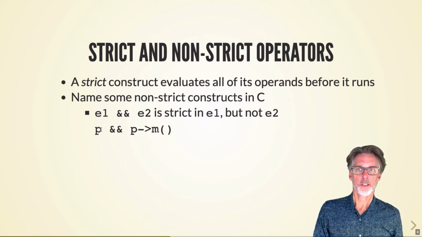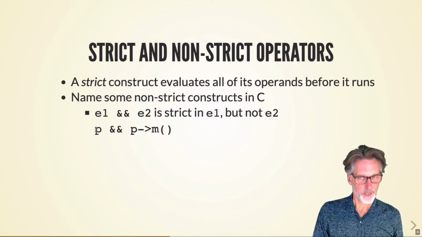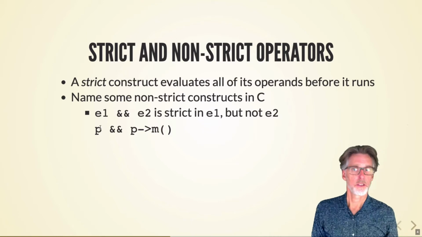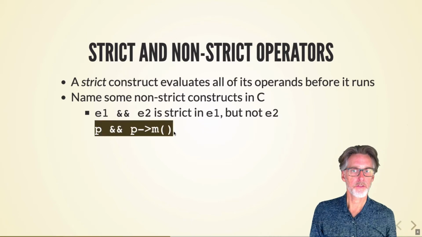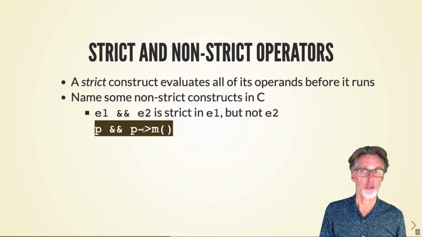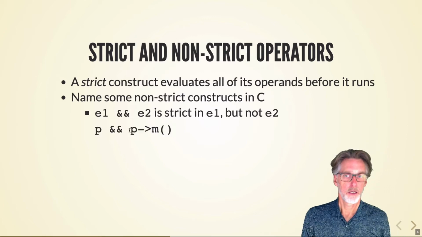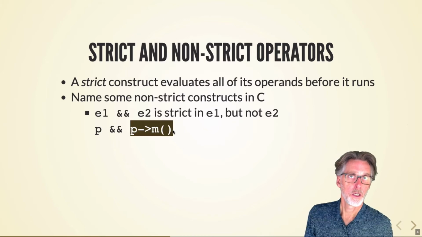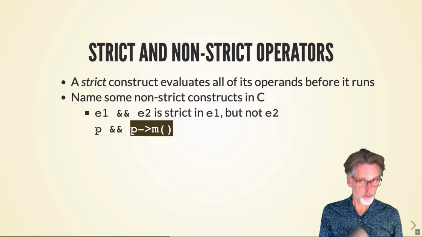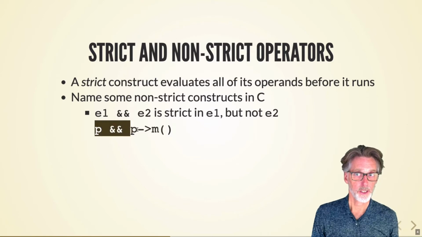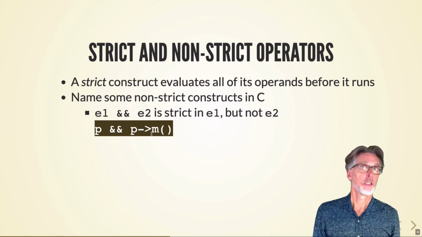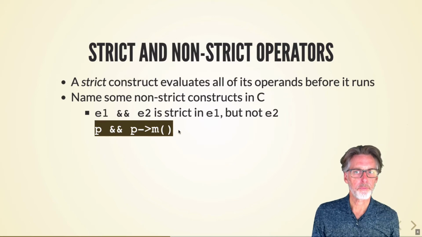And so what this expression says is if P is 0, that's false, then simply the whole value of this expression will be 0. Otherwise, if P is not 0, then I must invoke this method call, and actually the result of the entire operation then is simply the result of the method call. So this is very idiomatic in C.